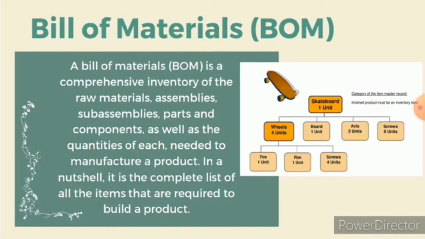So let's just put into an example ng imong business kay nagmanufacture mo og skateboard. So here, gilist ang tanan materials nga need to produce 1 unit of skateboard. We have here the wheels, which requires 4 units, the board, 1 unit, the axis, 2 units, the screws, 8 units, the tire, 1 unit, the rim, 1 unit, and the screws, 4 units.